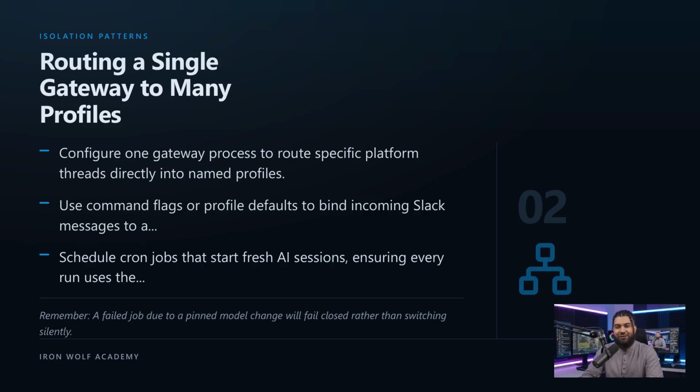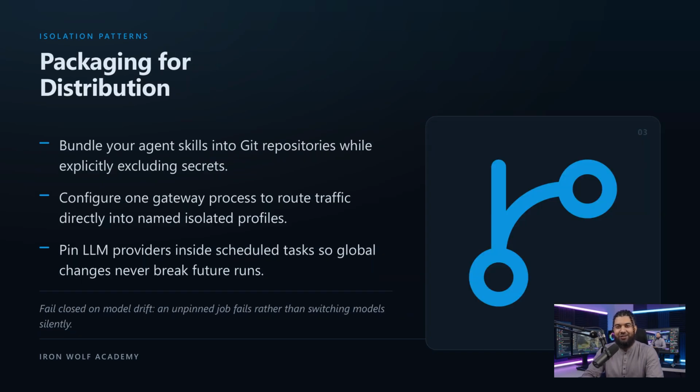consistent, and fully controlled. When you package agent skills for distribution, isolation is your best defense against unexpected failures. Start by bundling your skills into dedicated Git repositories, making sure you strictly exclude any credentials or secrets from those builds. For traffic management, rely on a single gateway process that routes incoming requests directly into distinct, isolated execution profiles.